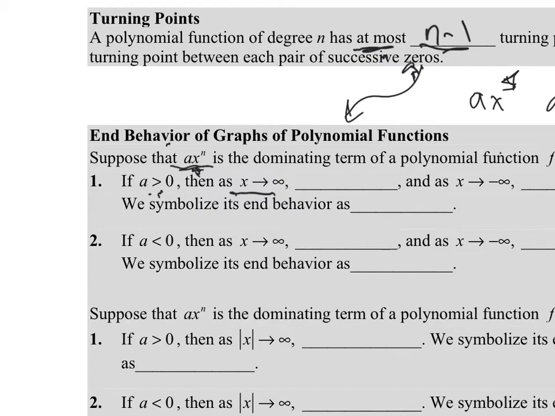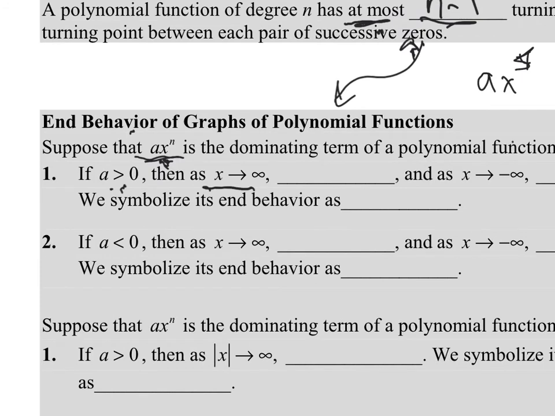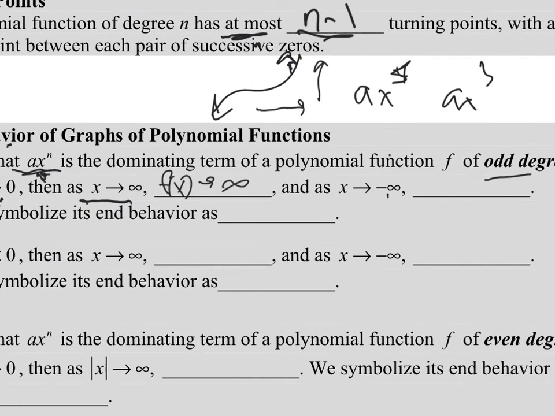If a is greater than 0, then as x approaches infinity, f of x approaches infinity as well. As you go to the right, you're also going up. And as x approaches negative infinity, as I go to the left, my y value is going down, so f of x approaches negative infinity.